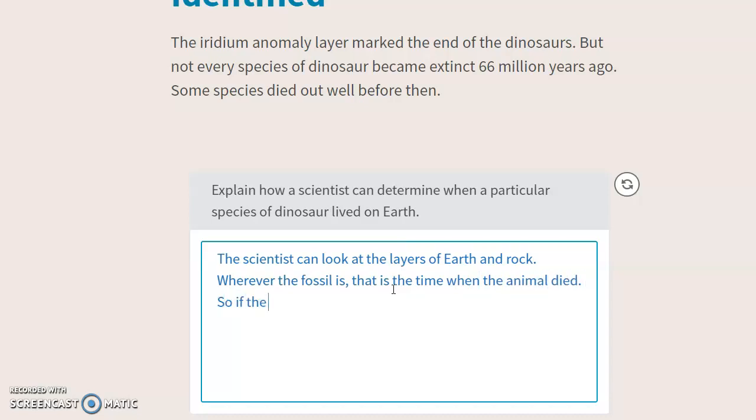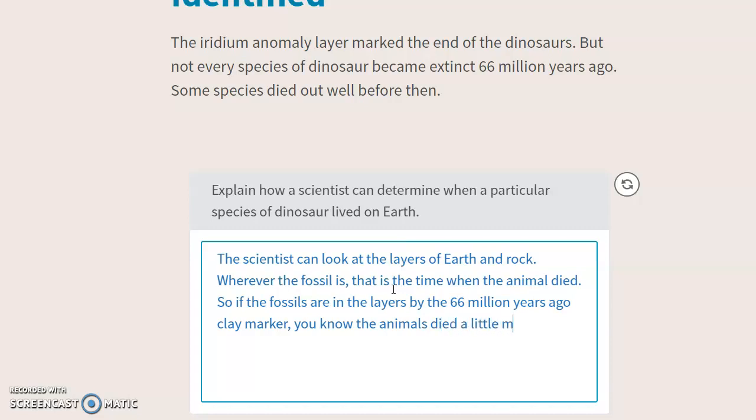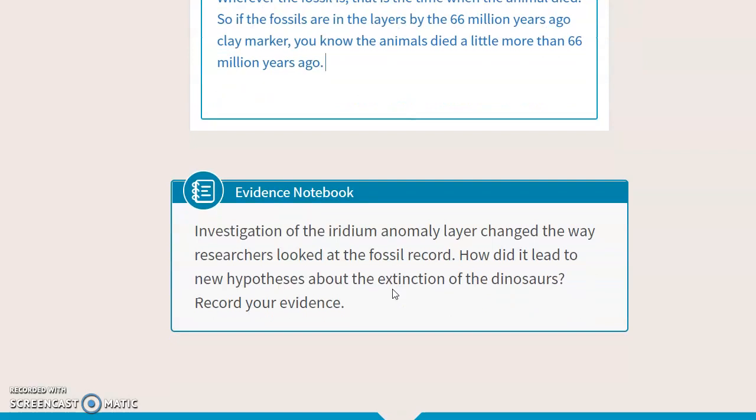So if the fossils are in the layers by the 66 million years ago clay marker, you know the animals died a little more than 66 million years ago. Right? That's what it's saying.